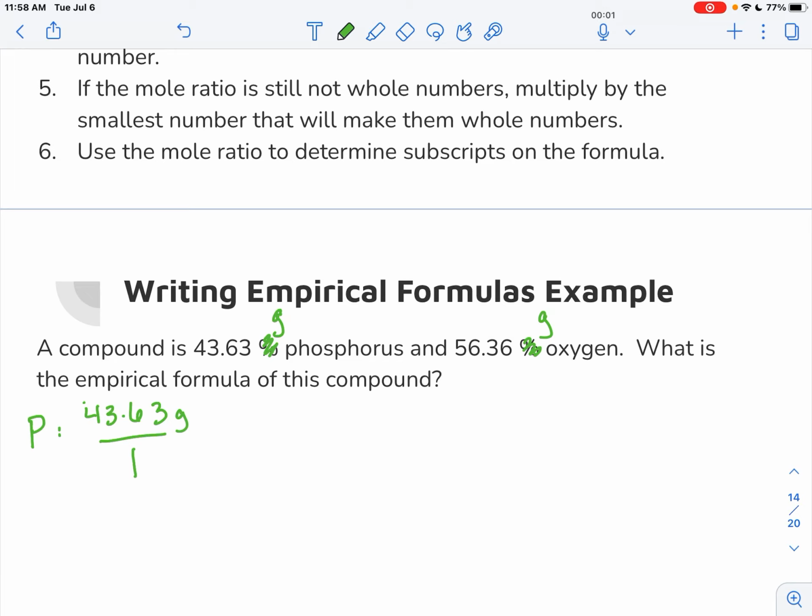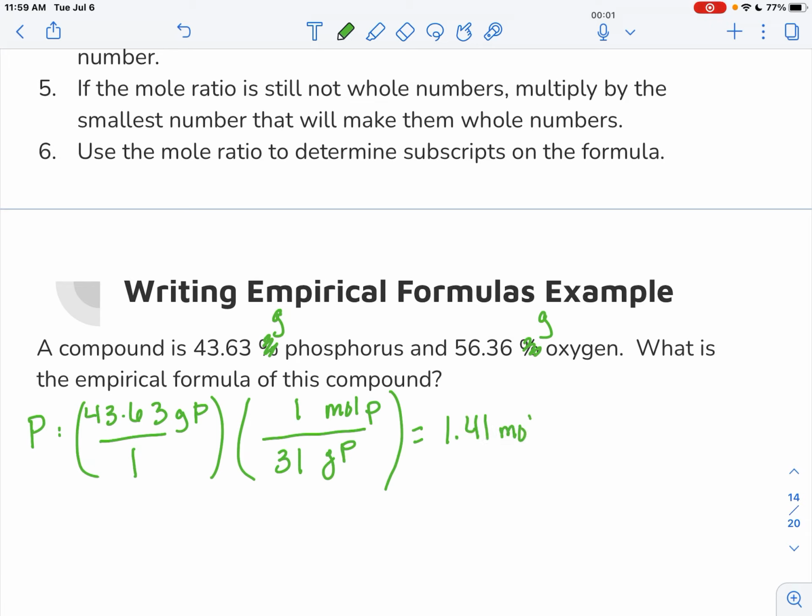So both of these are going to be two factors because you're going from grams to moles of one substance. So here you have 1 and then 31 because that's the molar mass of phosphorus off of the periodic table. So that gives us 1.41 moles of phosphorus. And then we do the same thing for oxygen.